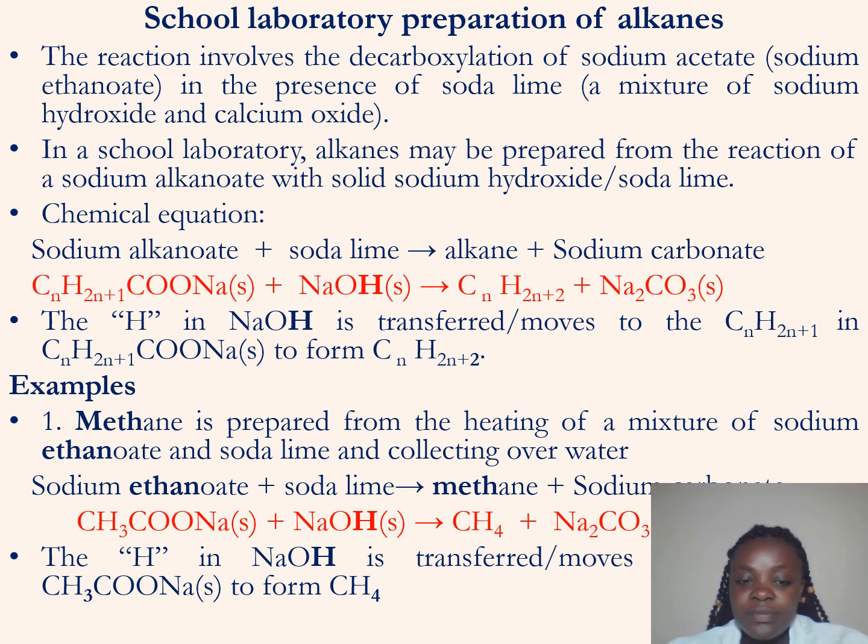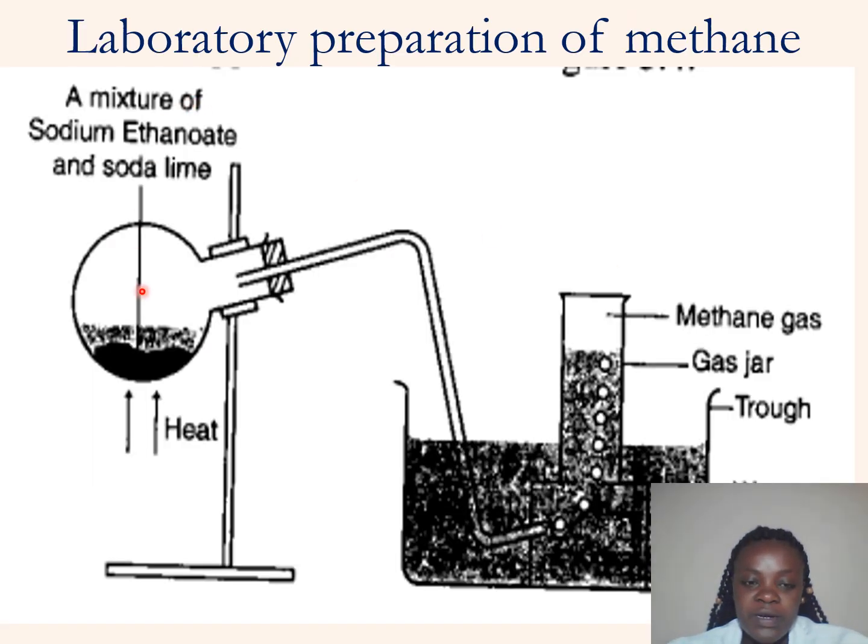So this is the experiment that we set to prepare the methane gas. So we have our flask here containing a mixture of sodium ethanoate and soda lime. Then after we heat, it will produce a gas.